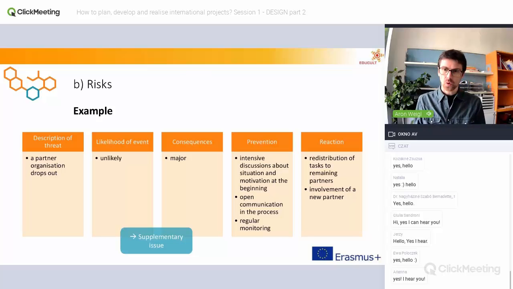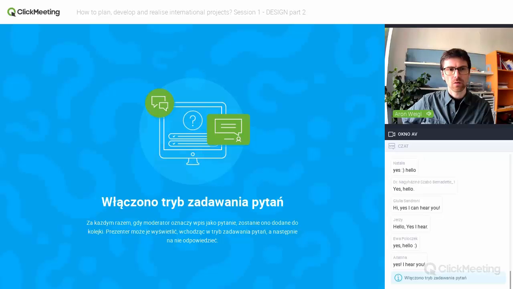Okay, so at this point, I would like to start the questions and answers. For that, I opened the question section. So that means if you write something in the chat, you can choose now to raise a question.